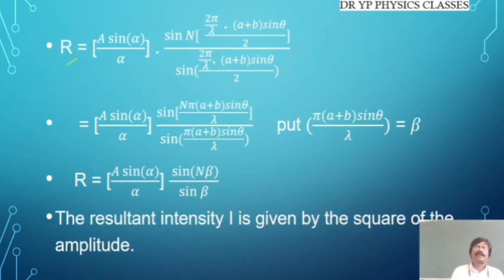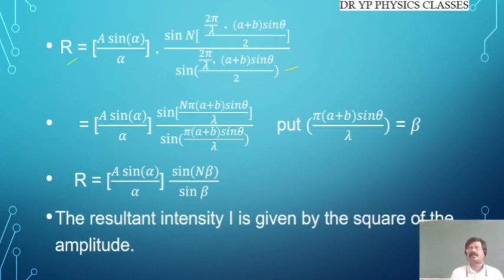Putting delta as 2 pi by lambda into a plus b sin theta, the 2 gets cancelled: R is A sin alpha by alpha into sin of n pi a plus b sin theta by lambda, divided by sin of pi into a plus b sin theta by lambda.